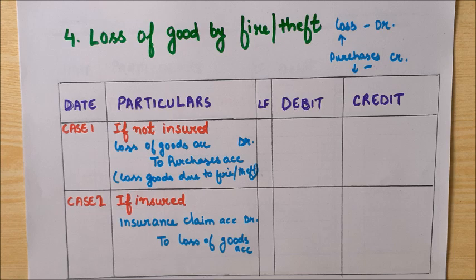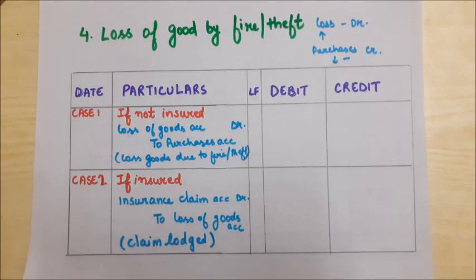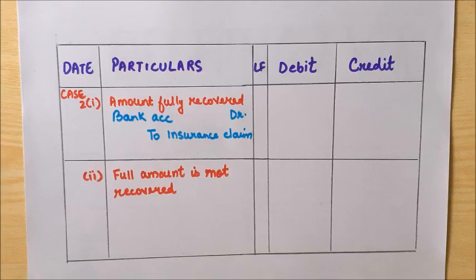Sometimes the companies insure the goods, so you will claim the amount from the insurance company, and here is the entry: insurance claim account debited to loss of goods account, and the narration will be claim filed or lodged. The amount that you are recovering can be fully recovered or partly recovered.